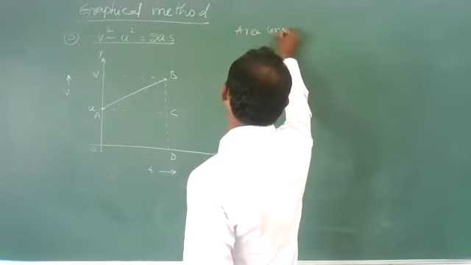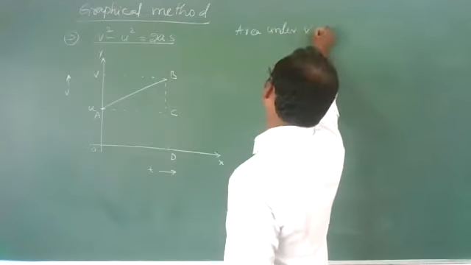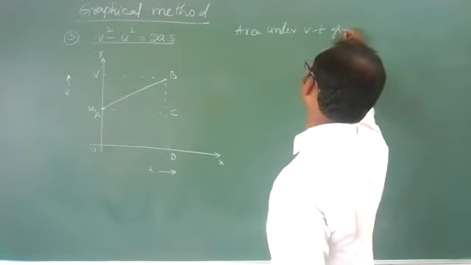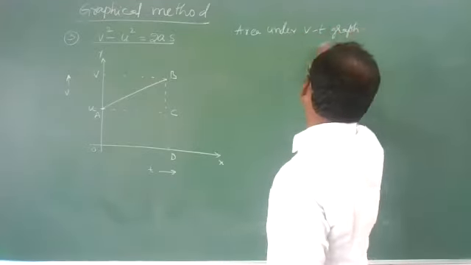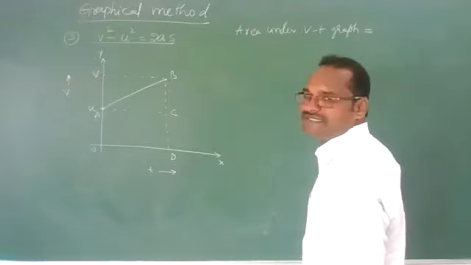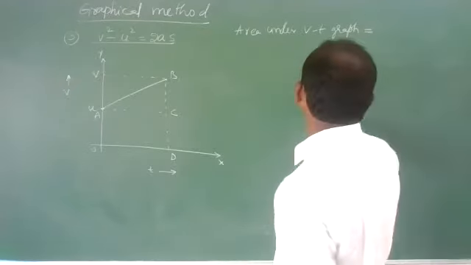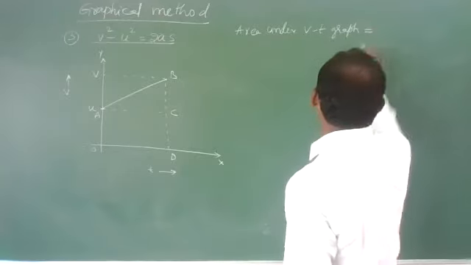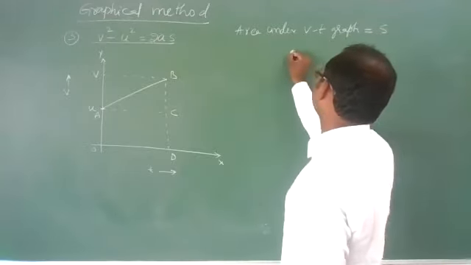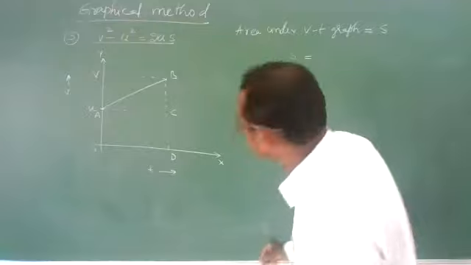Now, again, take the area under the velocity-time graph. This gives you displacement. So what is the displacement?